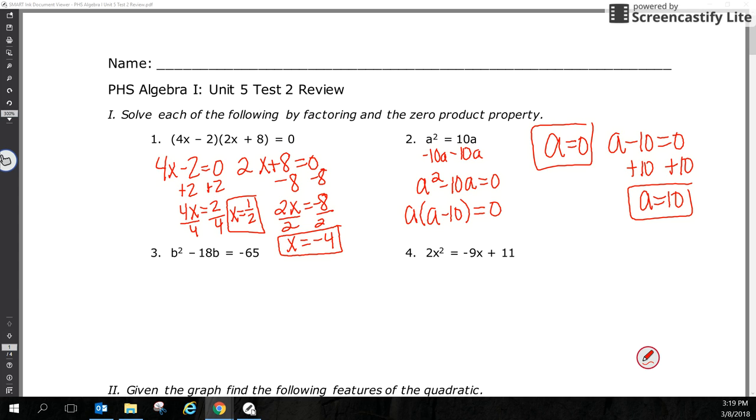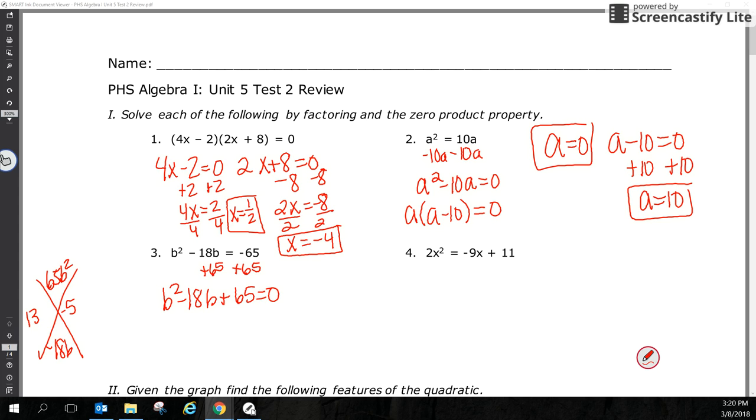Number 3, again, I need to set it equal to 0 first, so I'm going to add 65 to both sides. I've got b squared minus 18b plus 65 is equal to 0. Factoring that, I'm looking for numbers that multiply to 65 and add up to -18. That would be 13 and 5.